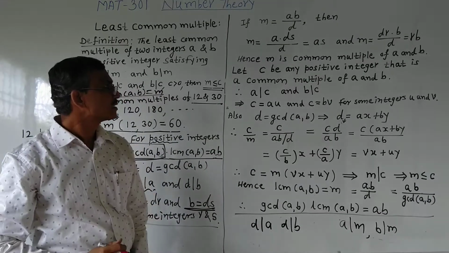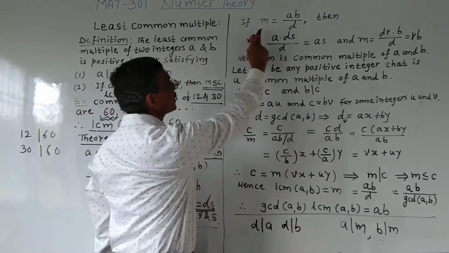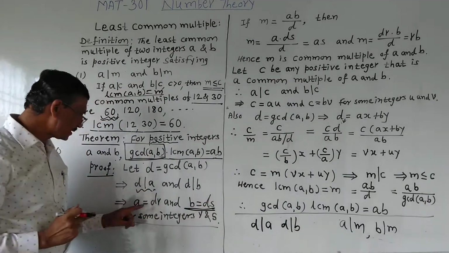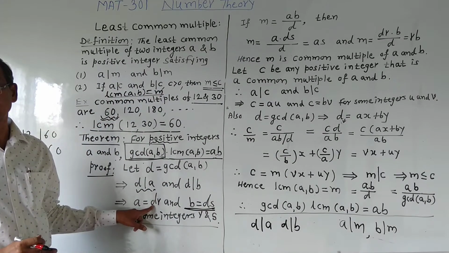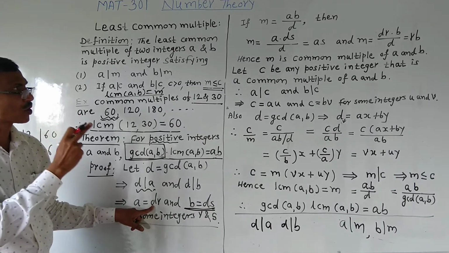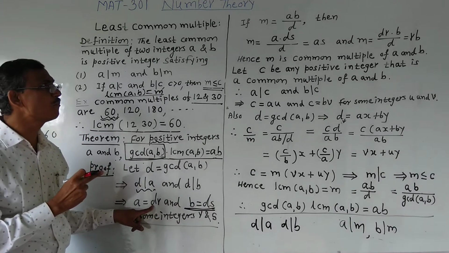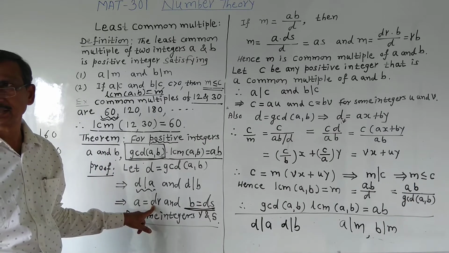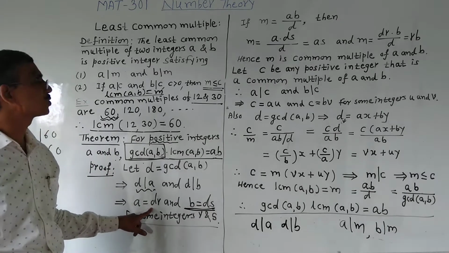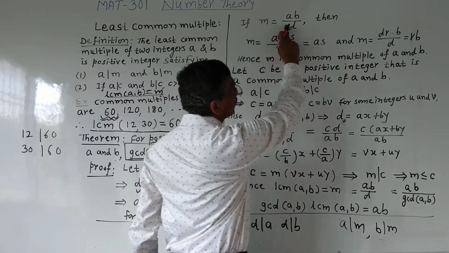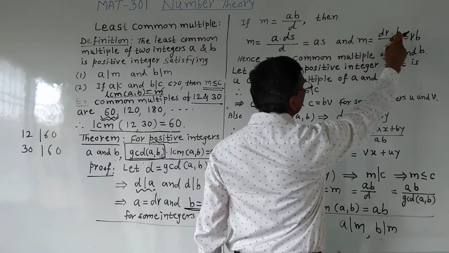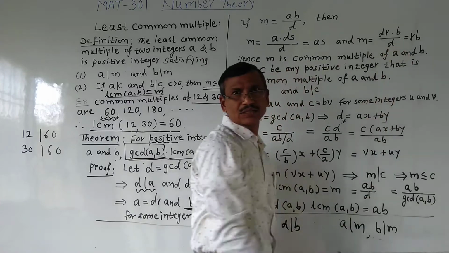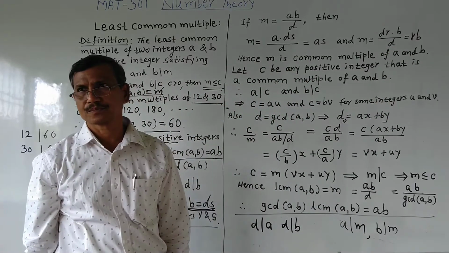Okay. Similarly, in this equation put the value of A, the value of A is D into R. Try to understand. At first we have substituted the value of B as DS and we get M is equal to AS. Secondly, we shall put A is equal to DR here, DR into B upon D. Again this D gets cancelled, we get this is equal to RB.